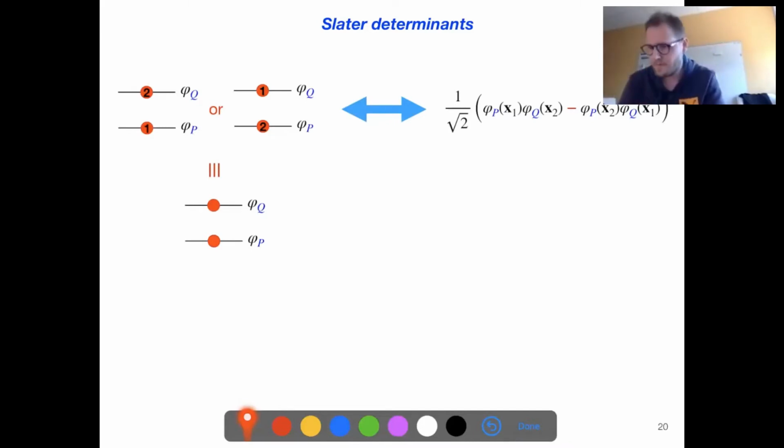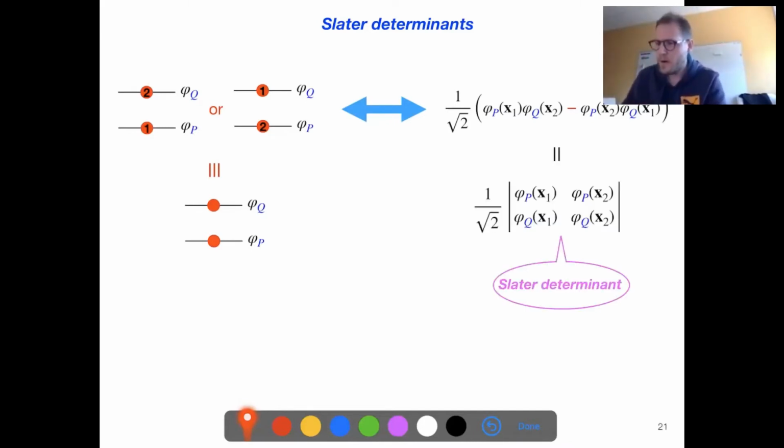Why minus? We'll see that in a minute, but if you decide to use a minus sign, you can rewrite this 2-electron wave function exactly like a Slater determinant. This is what we call the Slater determinant that was introduced last week by Vincent.